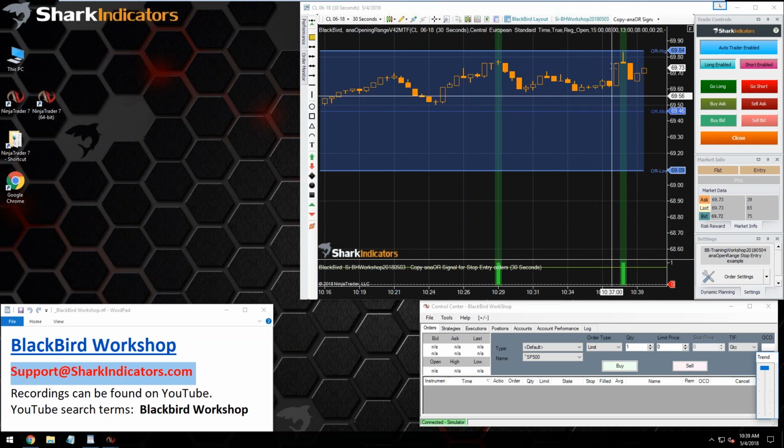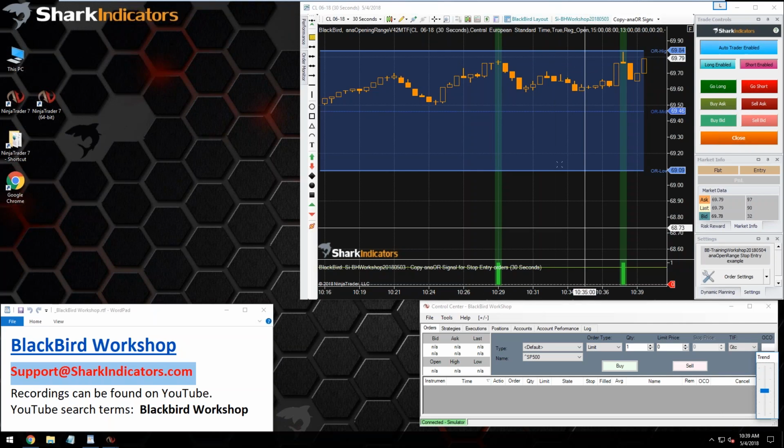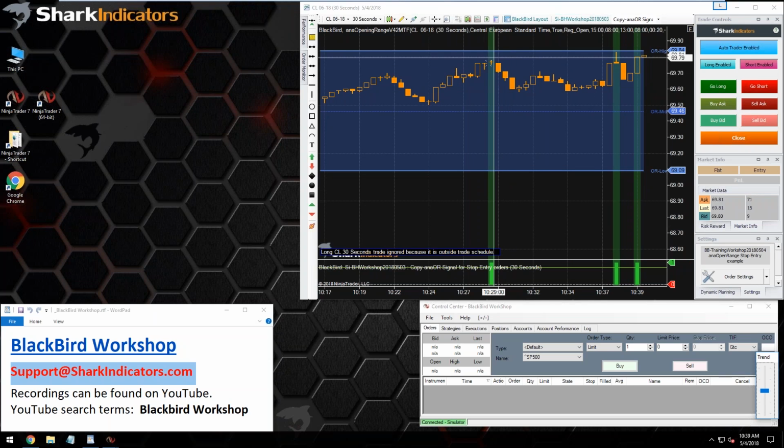Now, the decision that was made yesterday to require price to only be within 10 ticks, you know, that's kind of arbitrary. It depends on the instrument you're trading. We may need to allow price to be further away from the opening range. So, you know, 7 ticks might be too close.